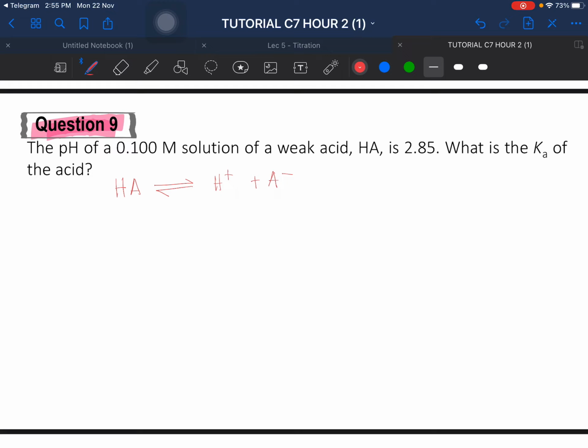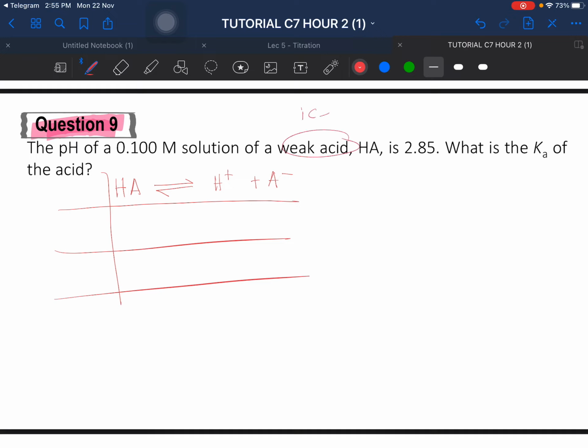Okay, now the concentration. So it is weak, so we must use an ICE table. So initial concentration, change in concentration, and equilibrium concentration.